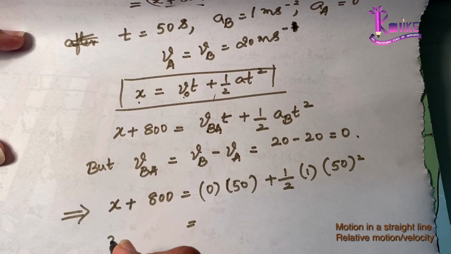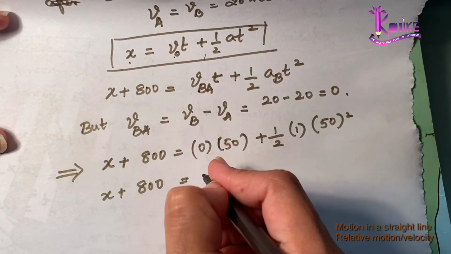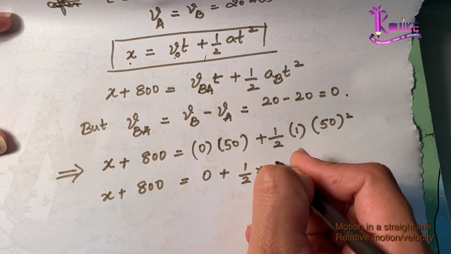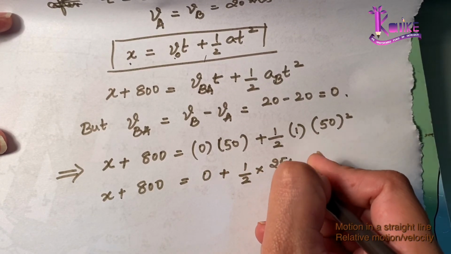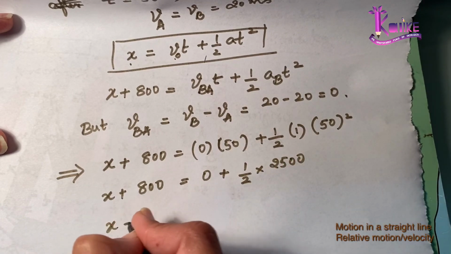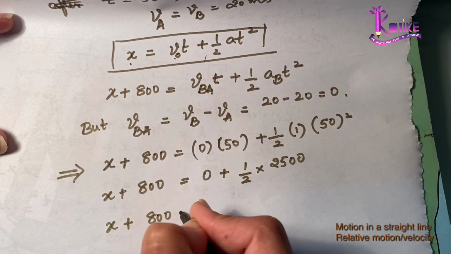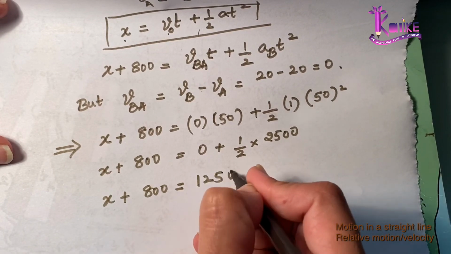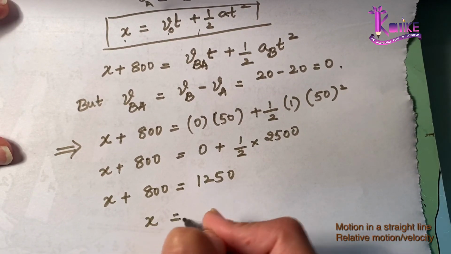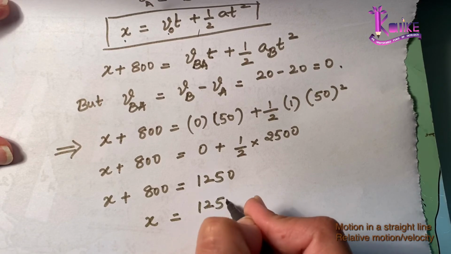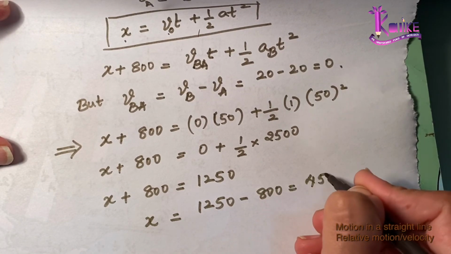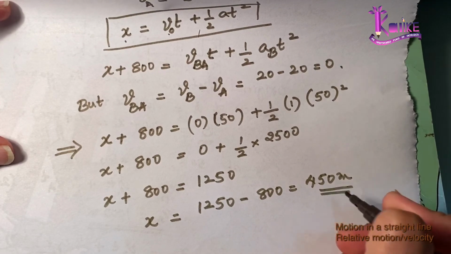So x plus 800 is equal to 0 plus half into 2500. If you simplify, this will be 1250. So therefore x will be equal to 1250 minus 800, which is nothing but 450 meters.